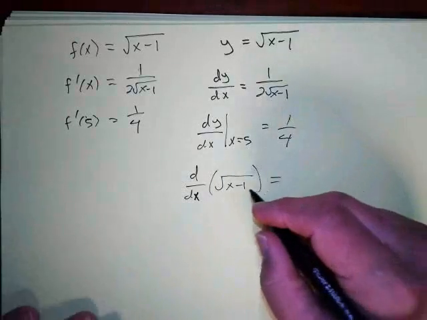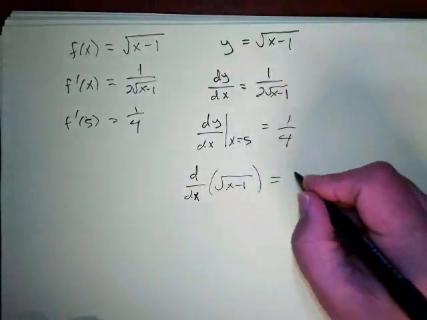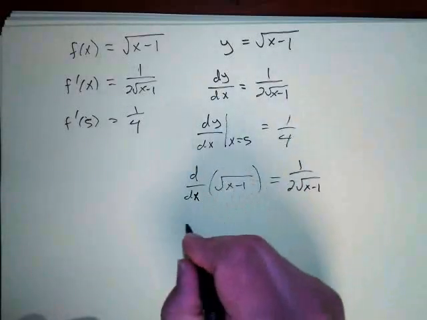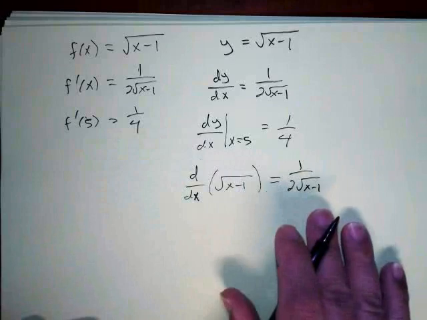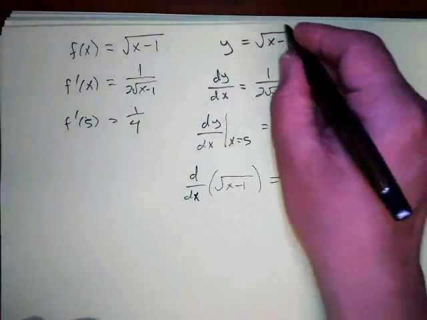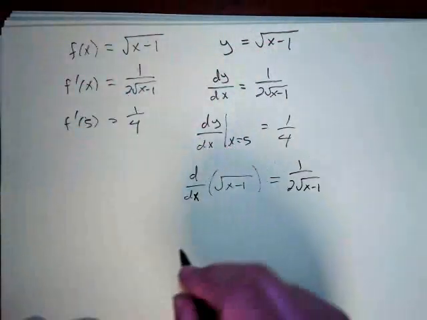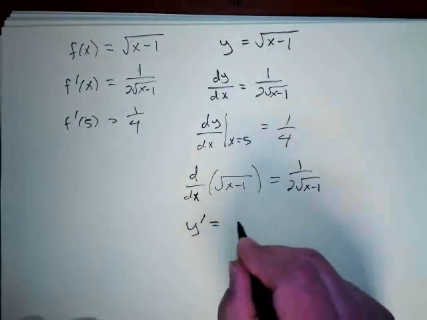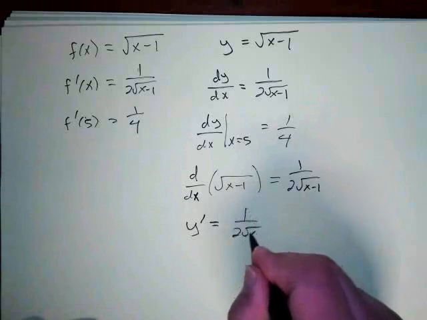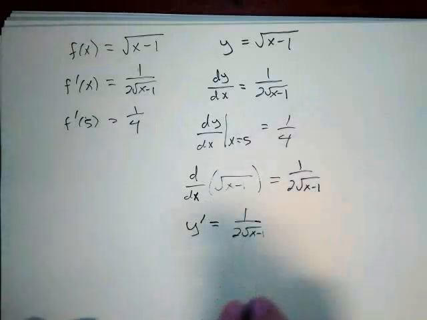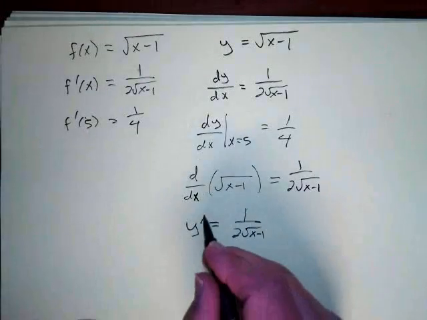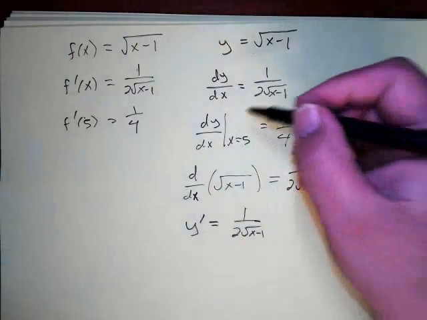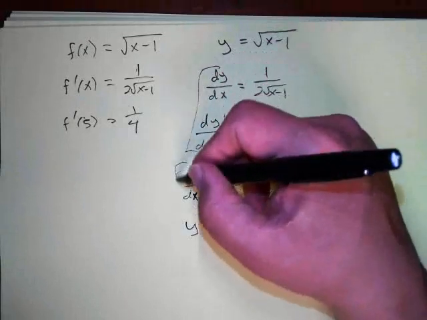Okay? And so then this would be 1/2 square root of x minus 1. Another thing is if you have this and you didn't use function notation, sometimes they just do y prime is equal to 1/2 square root of x minus 1. Okay? So they might just use y prime instead of f prime of x. But these are the most common.